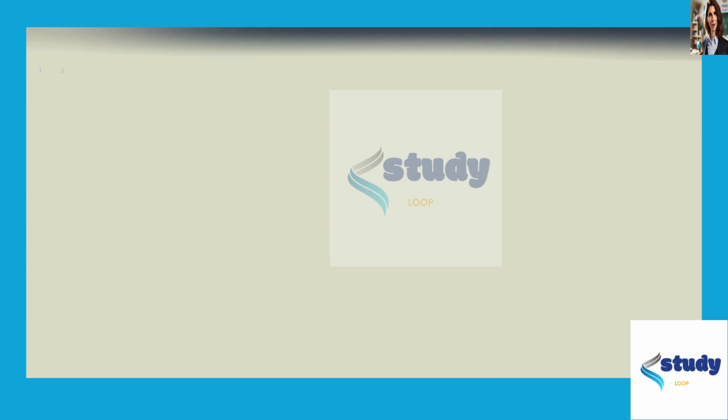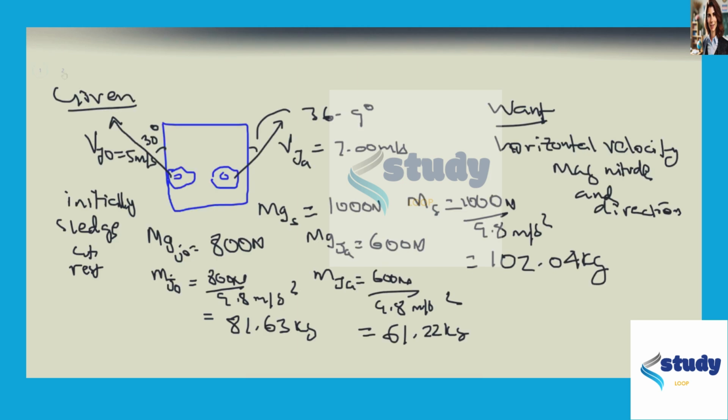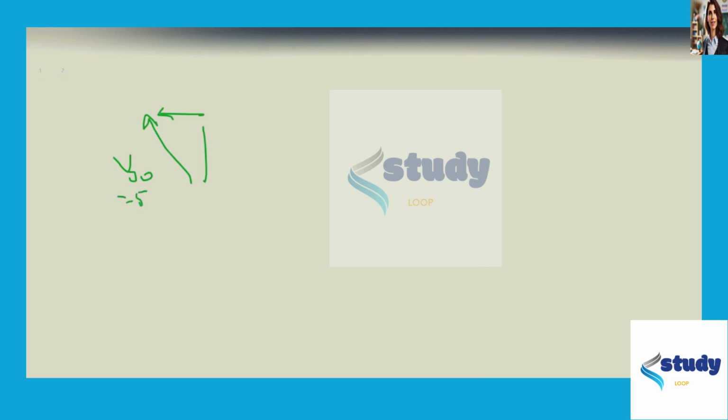So we have all this information that we're given. First of all, we think of Jonathan. He's going that way, and he has a velocity of 5 meters per second. This velocity can be resolved into Jonathan's x component and y component.